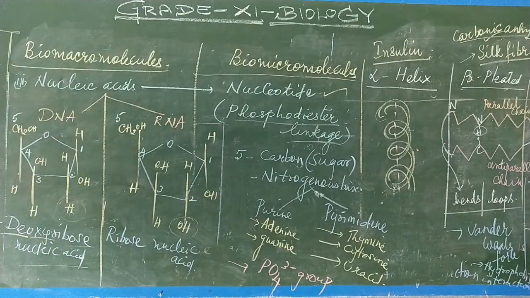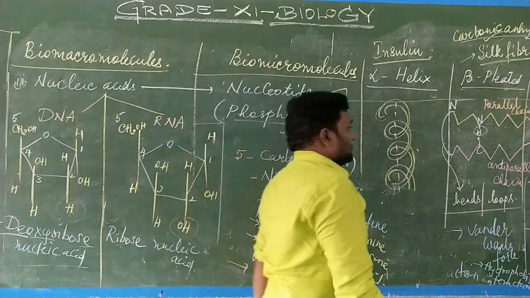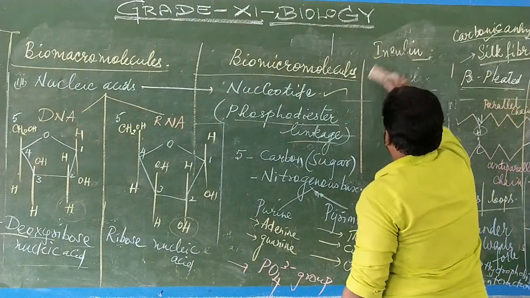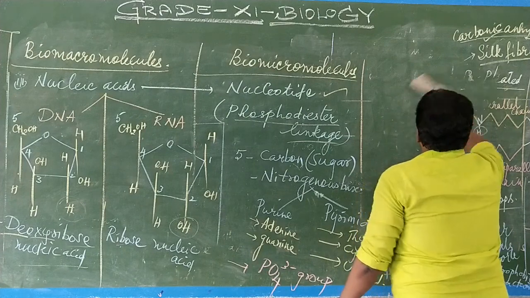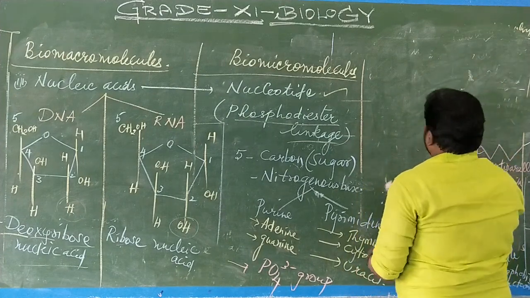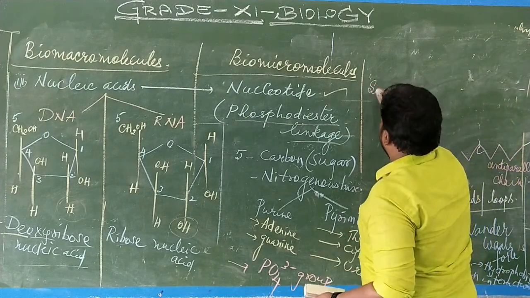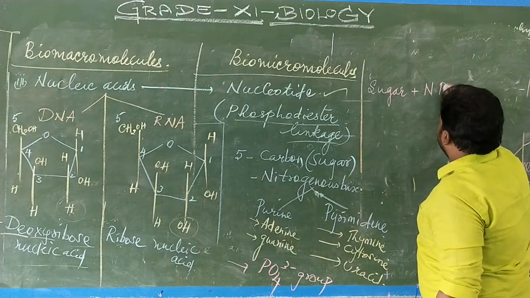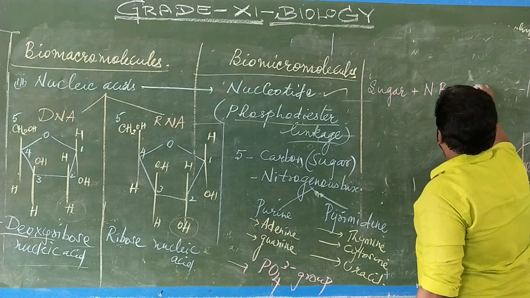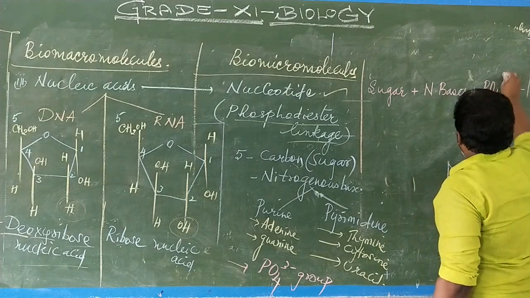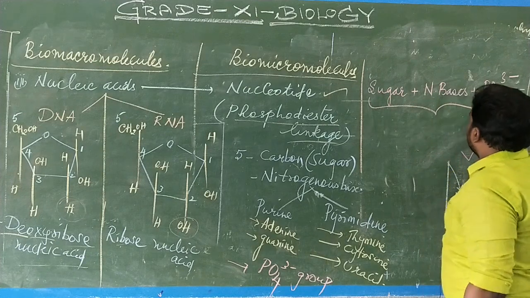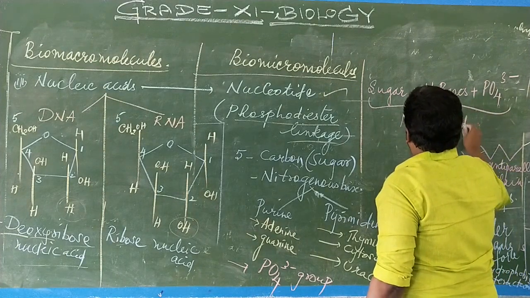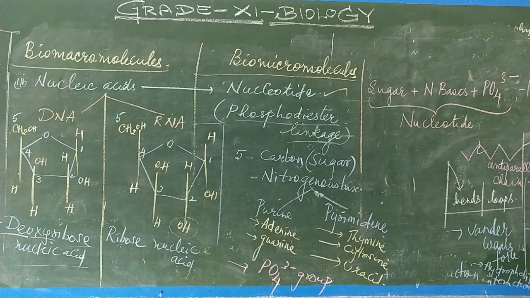So it will be having sugar plus nitrogenous bases plus phosphate group. These three together we call a nucleotide.